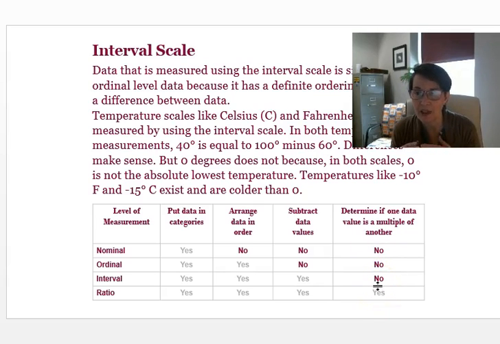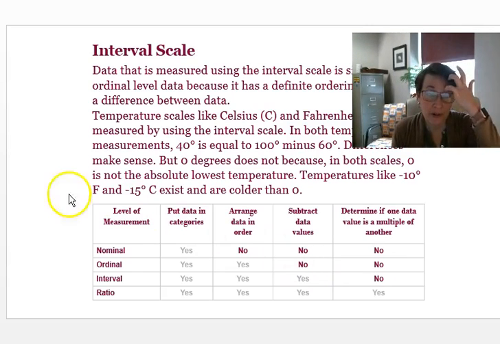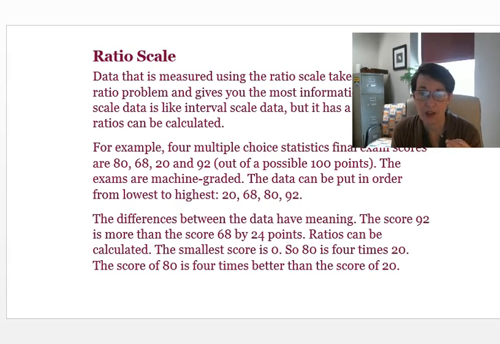And there is a measured interval, 1 degree, 2 degrees, 3 degrees, but that 0 point isn't meaningful because 0 degrees doesn't mean the absence of temperature, and nor is it a multiple. So that is our interval, and I think that that's a good example to go back to, that and ratio. Ratio is actually what most of our numbers are. Ratio scale is like interval, but it has a 0 point.